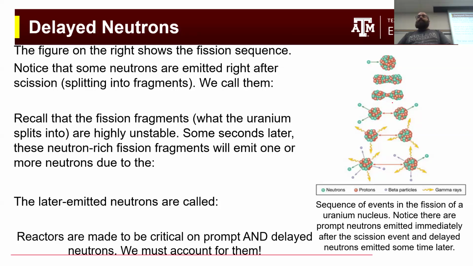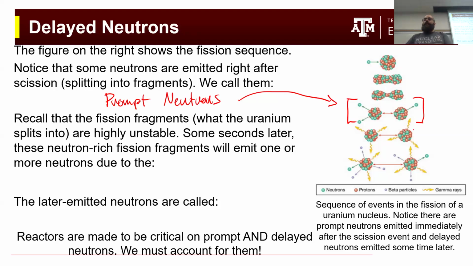And those fission fragments will also immediately start releasing some neutrons. So the neutrons that come right after the fission event, we call those prompt neutrons. These are the neutrons that are emitted promptly after the fission event. And notice that this was one fission reaction, and we get multiple neutrons out of that fission reaction.